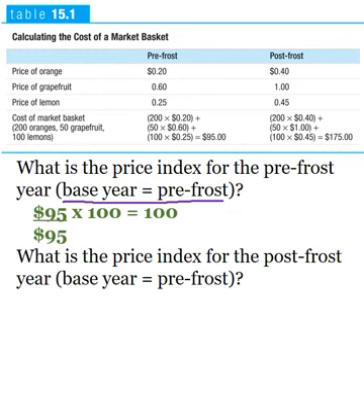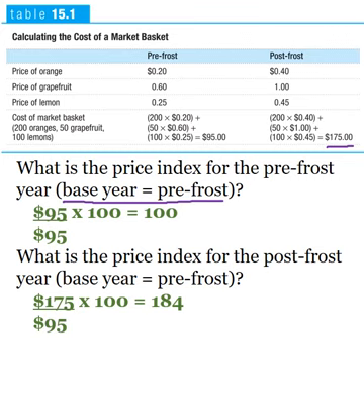For the post-frost year, where the cost of the market basket was $175, how would you set up that equation? And by the way, that one I would say is safe to use a calculator to solve for. So we have $175 on top, the cost of the year we're focusing on, divided by $95, the base year, times 100 equals 184.